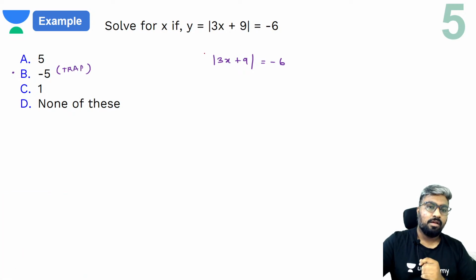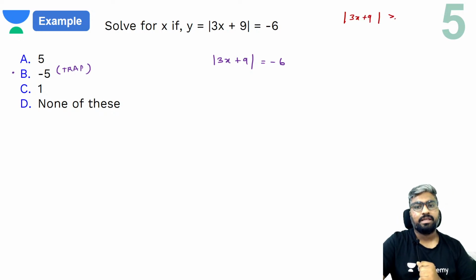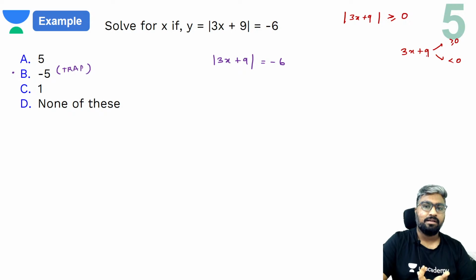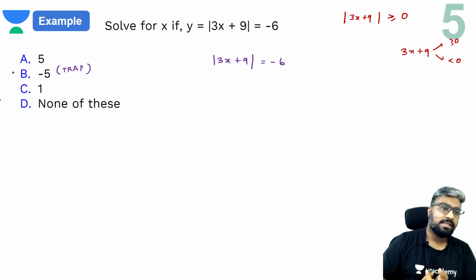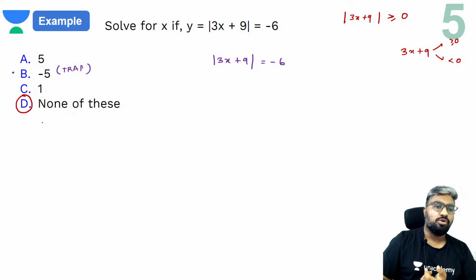Common logic: whatever is inside the modulus, 3x plus 9 or any expression, the modulus value is always 0 or greater than 0, right? Modulus 3x plus 9 should always be positive. 3x plus 9 itself can be positive or negative, that doesn't matter, but modulus 3x plus 9 must always be -6. Yes, the answer is none of these because no solutions exist. No solutions exist for this.